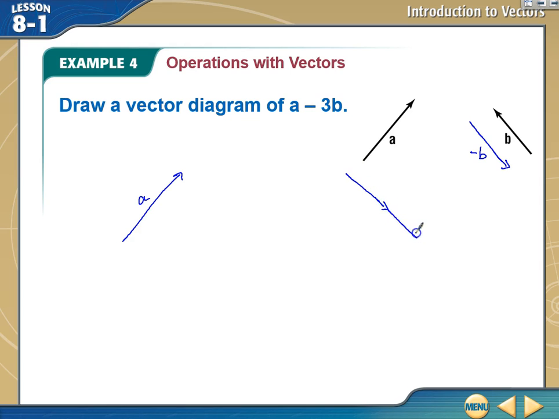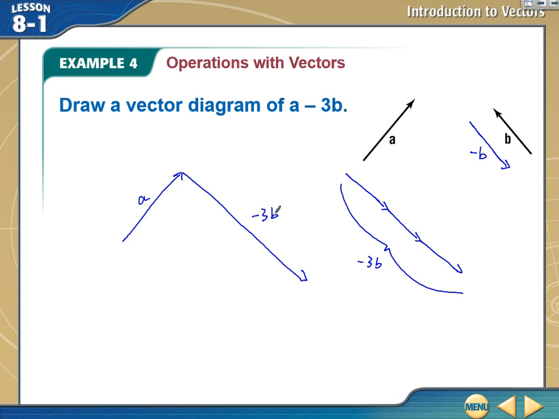Here's another negative b. Here's another negative b. This whole distance right here, that's a negative 3b. I want to go a minus the 3b, so I subtract out the 3b, and I go this way with this minus 3b. There's my negative 3b.